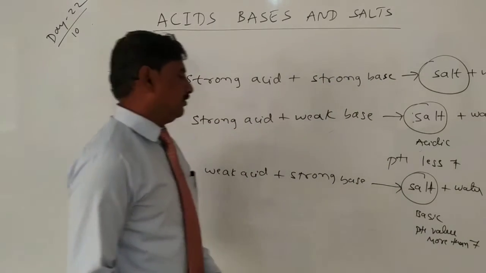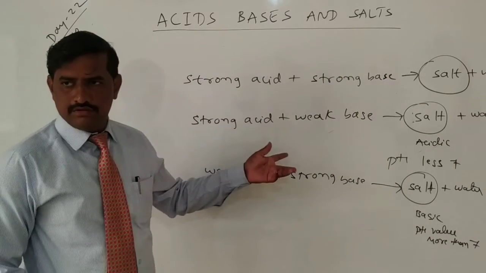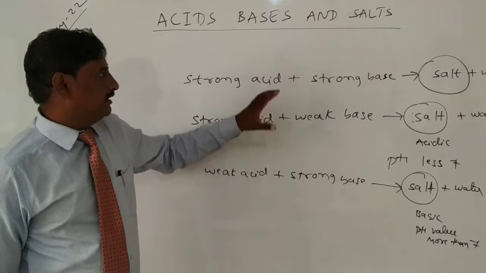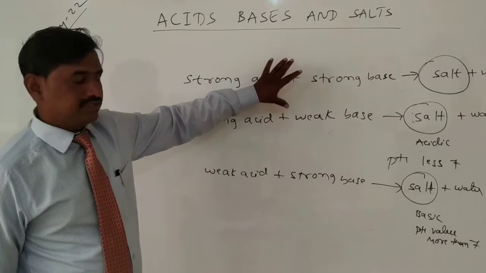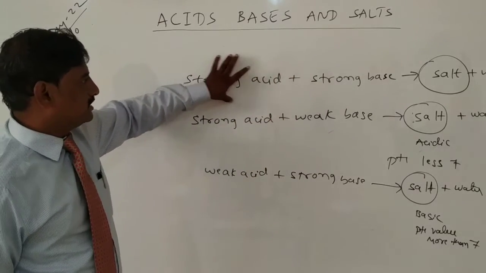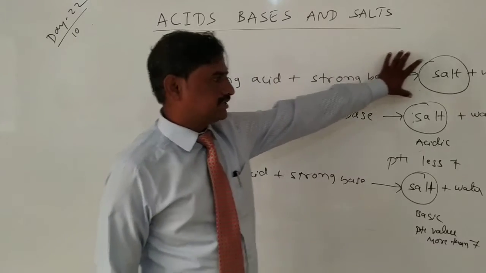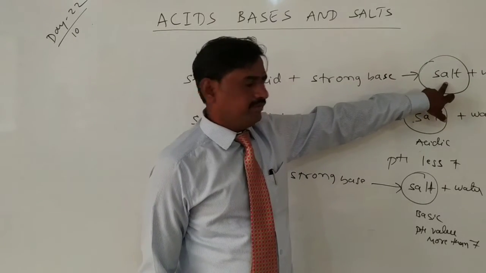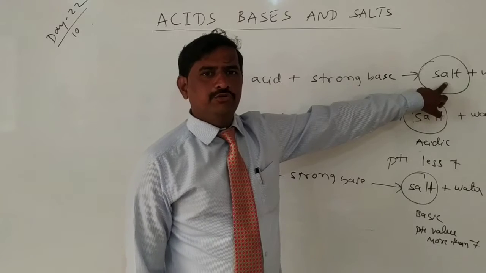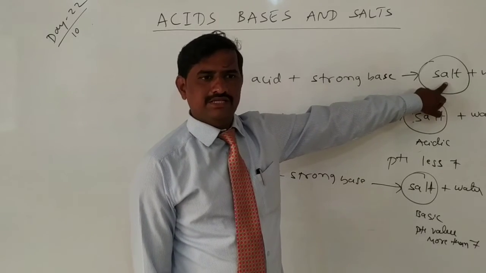So in these three reactions, when a strong acid reacts with a strong base, we get salt and water, and the salt obtained is neutral, meaning a pH value of exactly 7.